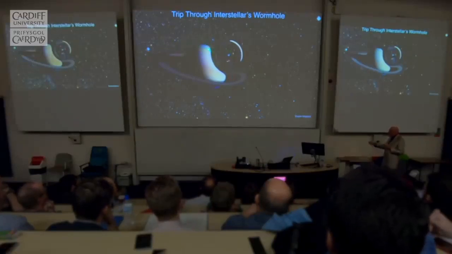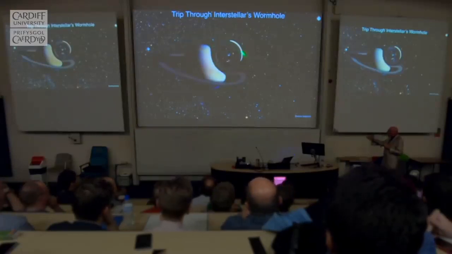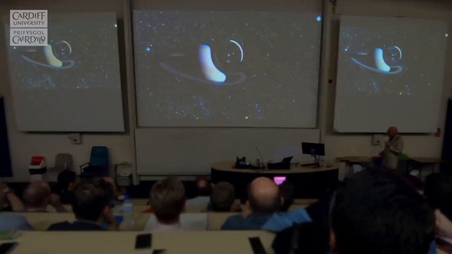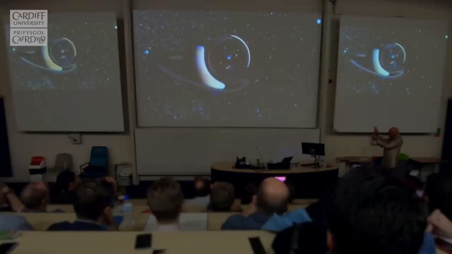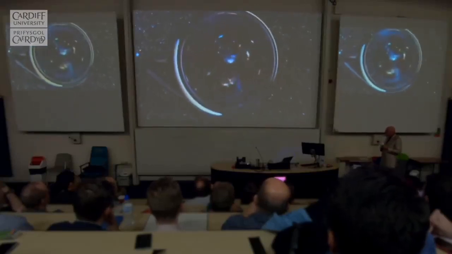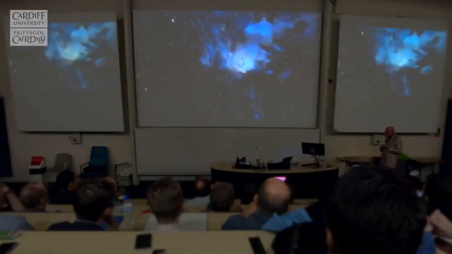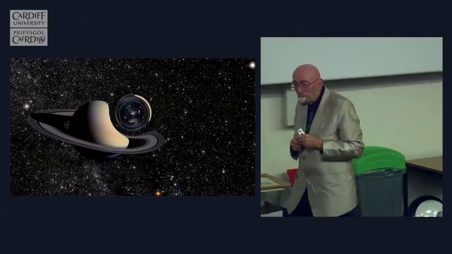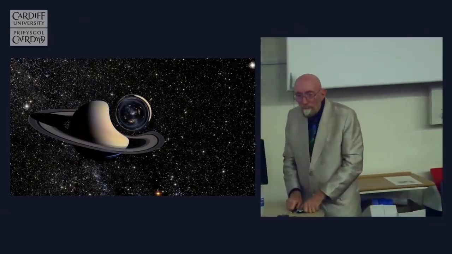Light rays from Saturn bend around the wormhole to produce this image, and bend around the wormhole on the other side to produce that image. And if I now start to travel into the wormhole, the images of Saturn are pushed apart as I go into the wormhole. I'm entering the wormhole now. I'm traveling through the wormhole, and I've come out the other side. That's what it really looks like for the wormhole in the movie Interstellar.